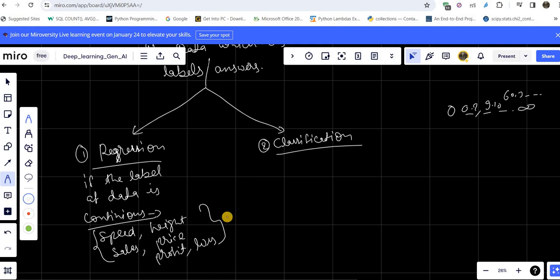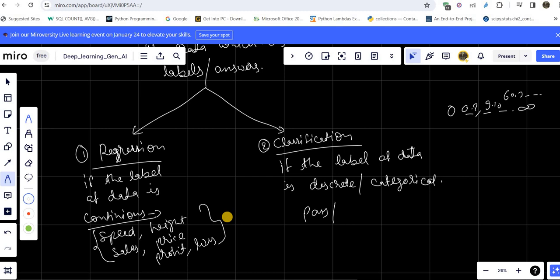Now, if the label of data is discrete or categorical, then there we will use the classification algorithm. Now what does it mean by categorical? Let's suppose I want to predict whether a student will pass or fail.